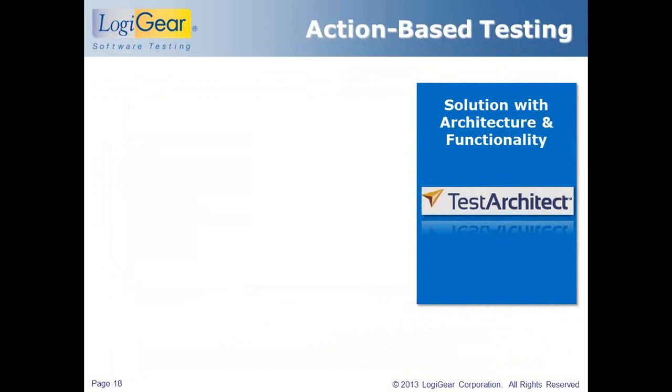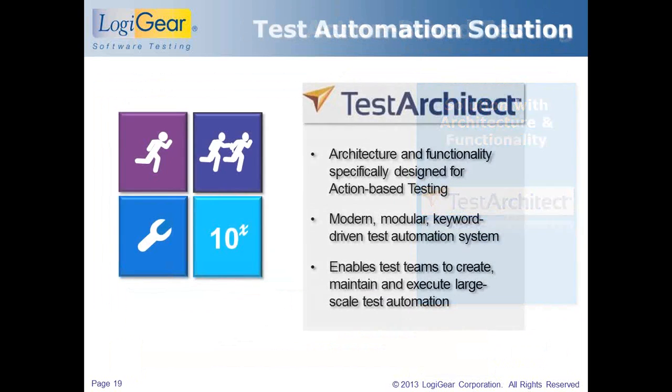And then third, we talk about the solution itself. So first, the solution has to utilize keywords and actions, and then it also has to be able to use the modular test design approach to creating those tests. And so here we're talking about TestArchitect.